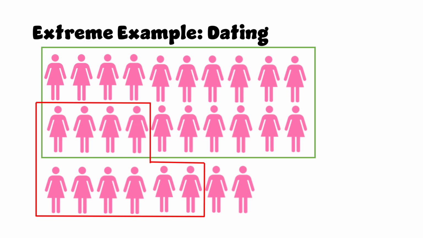You can easily go a whole lifetime, or not even a lifetime, but long enough that you just give up, constantly running into the people in the red box and not running into somebody who would be good for you. Even though somebody who's good for you is the majority of the pool, they're either not available or you can't find them, because the people who are available are dominated by the ones who are not good fits for you.